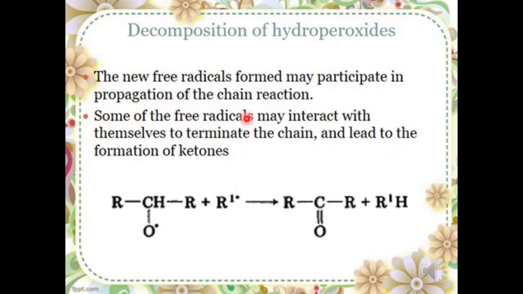So some of the free radicals may interact with each other, which in turn will terminate the chain, and once termination occurs, it leads to the formation of ketone. So we have the alkoxy free radical here, meets with another radical, to form ketone. Once ketone is formed, the propagation terminates.